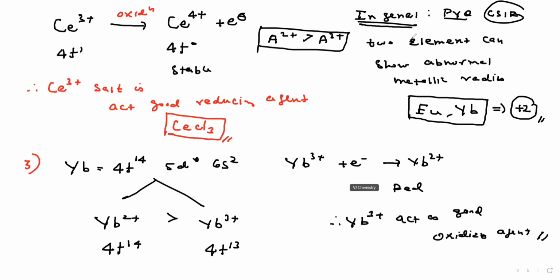Now I'm going to discuss colors. I'm going to discuss color based on electronic configuration. In the configuration, the color is a very important key point from the exam point of view.